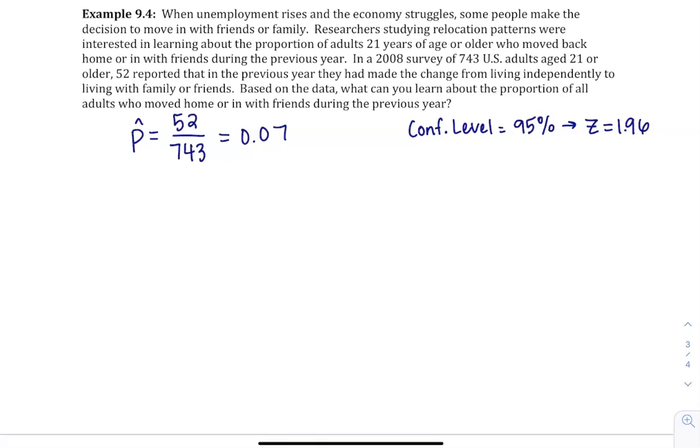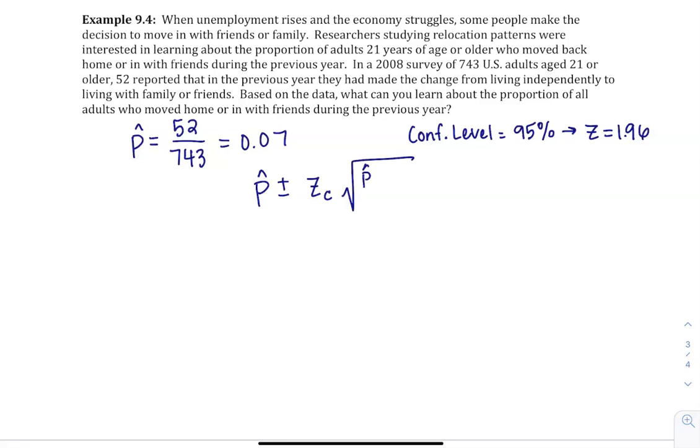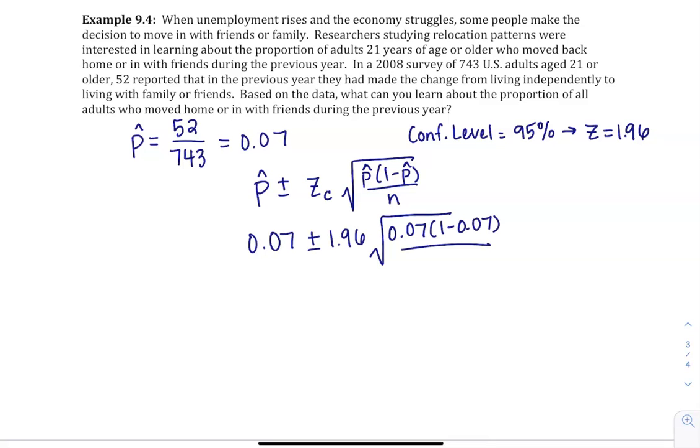So what do we need in order to do our confidence interval? We need p hat plus or minus our z critical value times the square root of p hat times 1 minus p hat over n. Let's plug in these values: 0.07 plus or minus 1.96 times the square root of 0.07 times 1 minus 0.07 divided by our study size, which was 743.